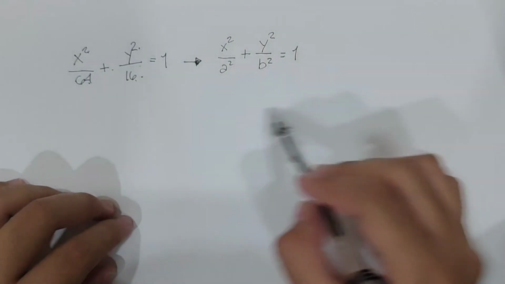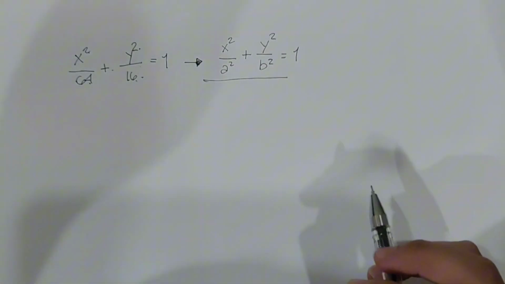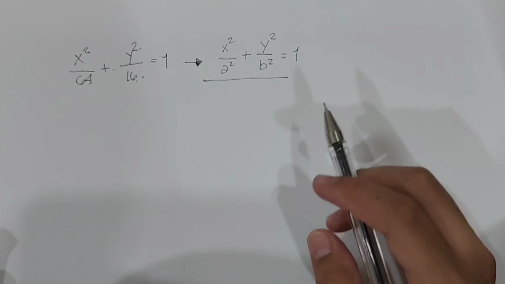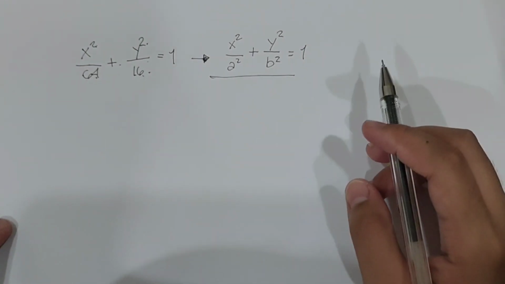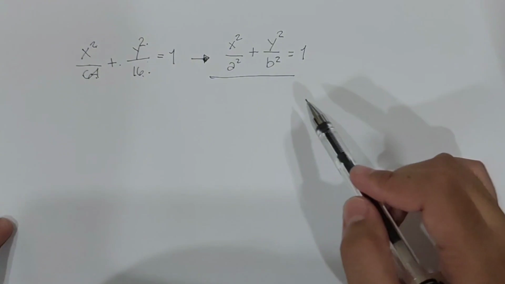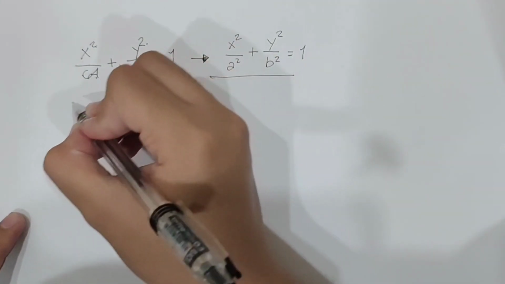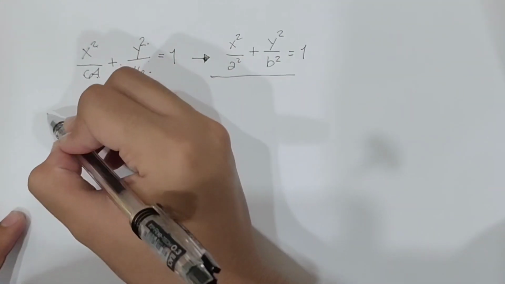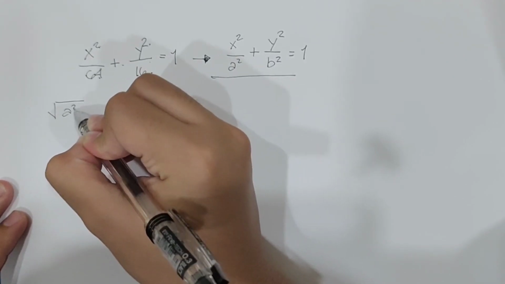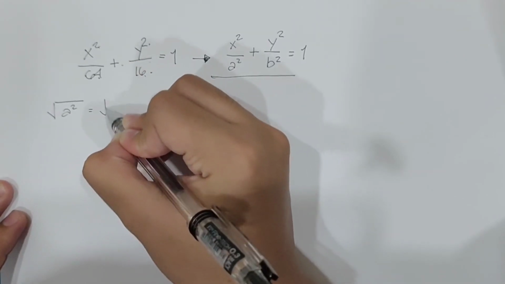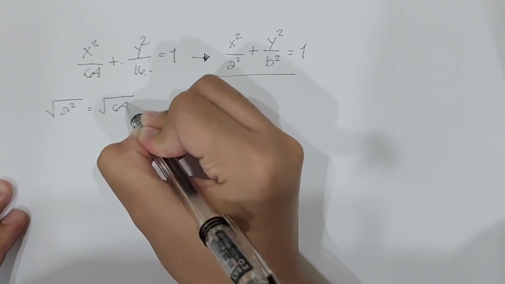Now that we finally got our formula, we can start the solving. Now, how do we solve this equation? First, we're going to take the square root. So, the square root of a squared equals the square root of 64.